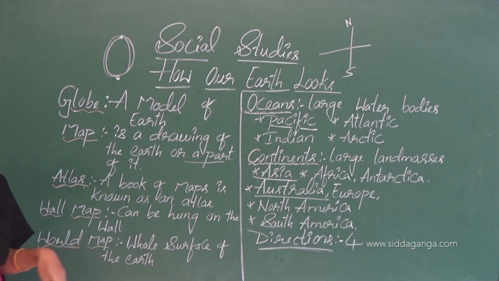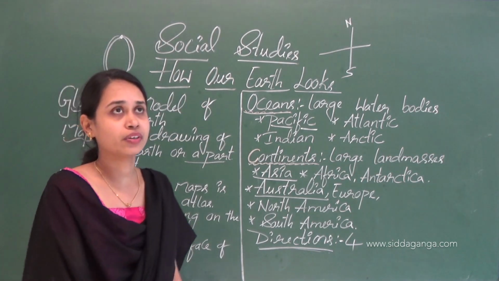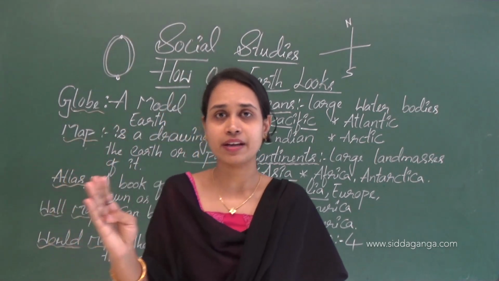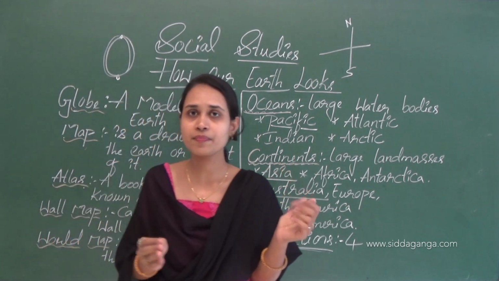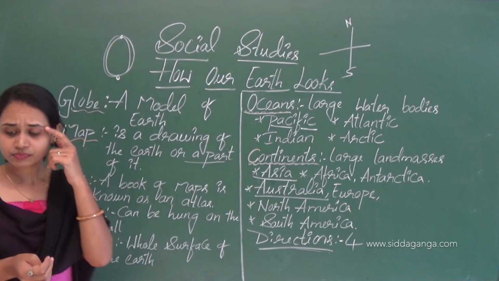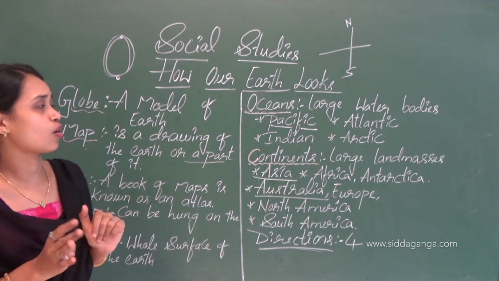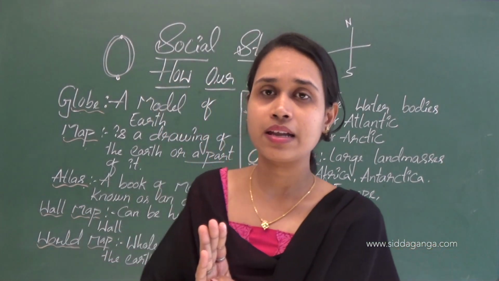So here the east is to your right and the west is to your left. Always east is on your right side and always west is your left side. East is always the right side and west is always the left side.